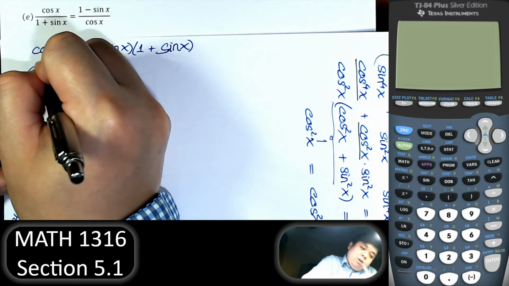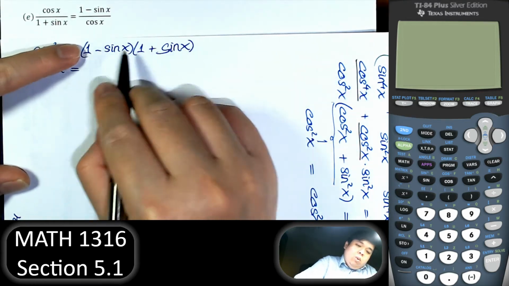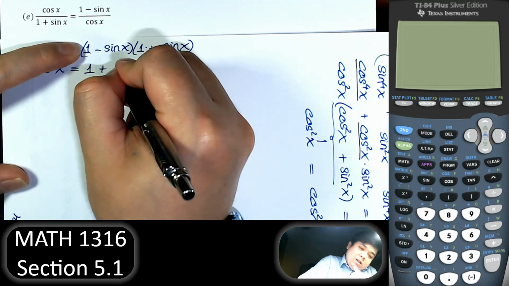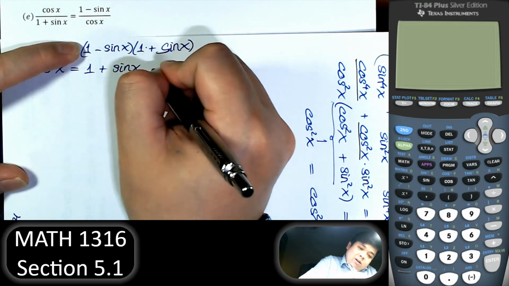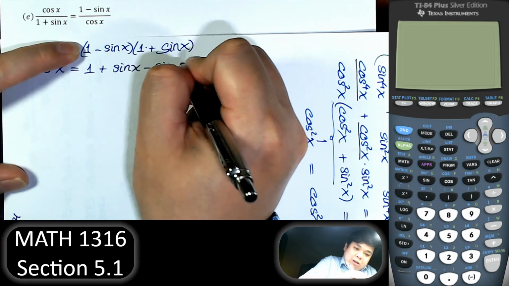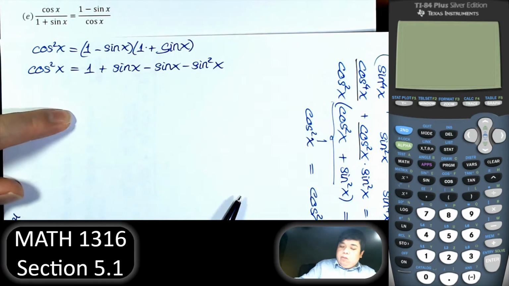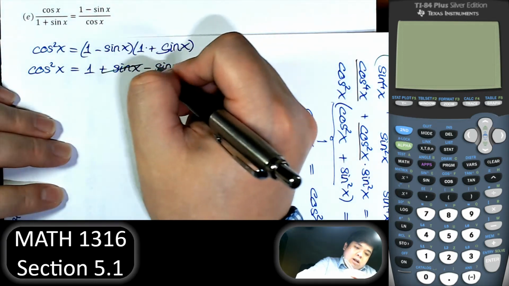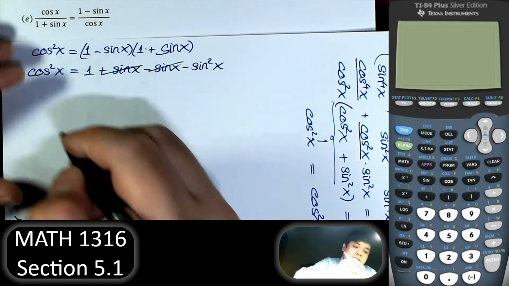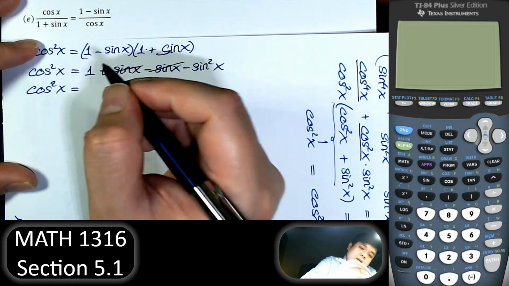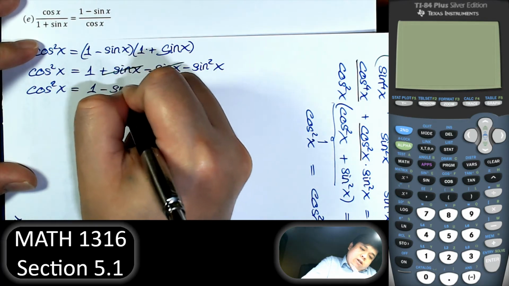So I have cosine square equal to, multiplying it out, 1 times 1, 1 times sine, minus sine, and minus sine square. The sines cancel out. So cosine square equals 1 minus sine square.